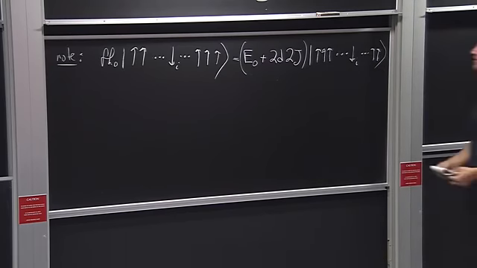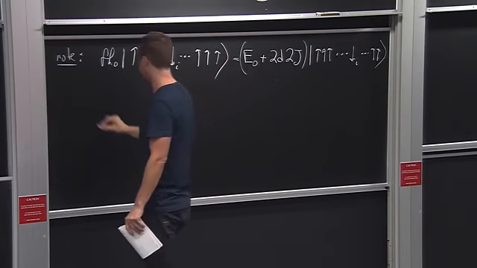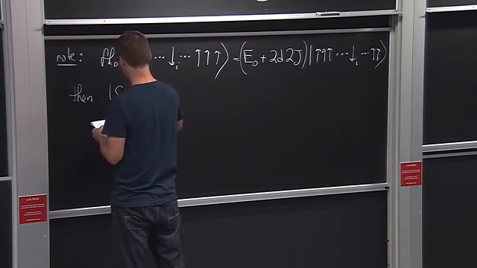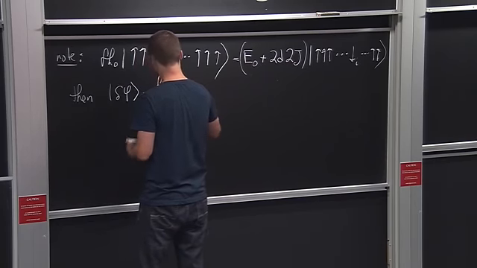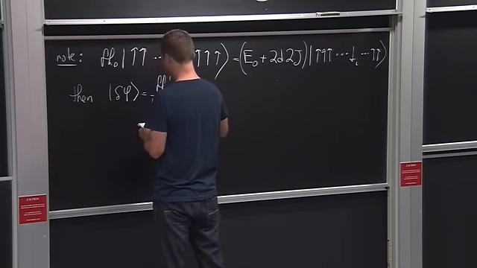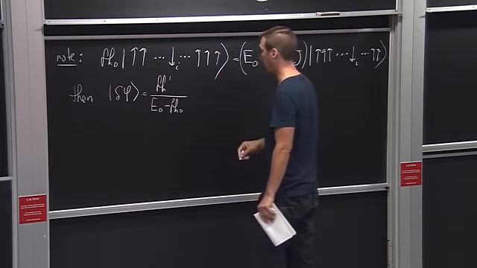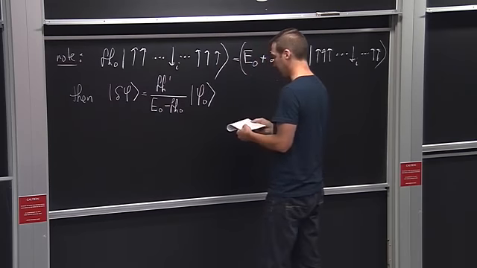Then I can essentially write the first order correction to the ground state wave function by just solving that equation for delta phi. Something like that.